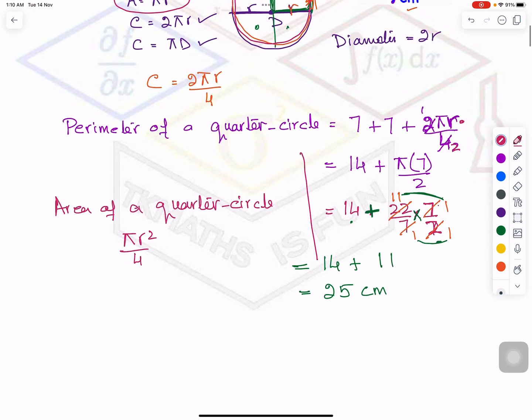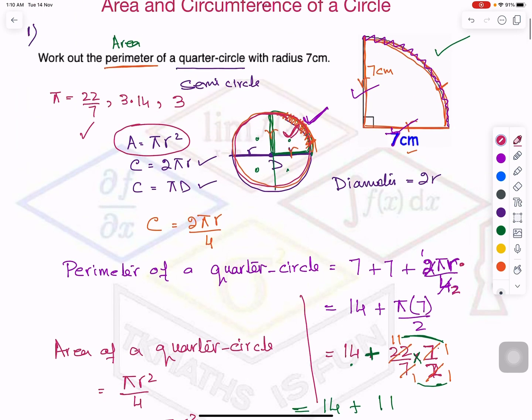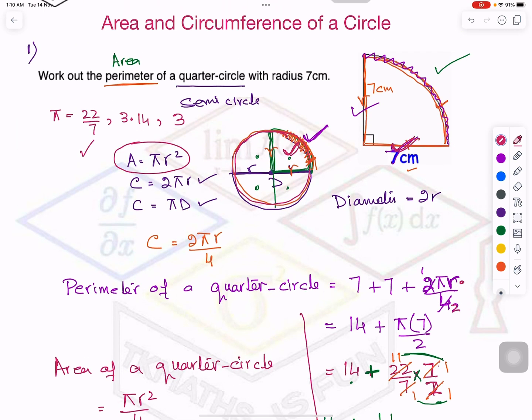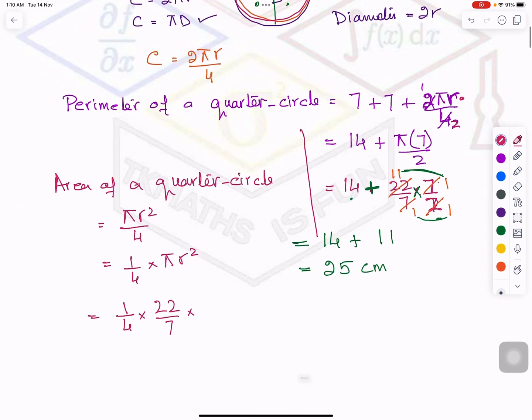Sometimes people write it like 1/4 times pi r square. It's the same thing. Do not get confused. So now pi I am taking 22 upon 7, and radius is what? 7. It is in the given. This is your radius actually. I have just explained to you why, here in the diagram. So radius is 7. Don't forget to write a square here.